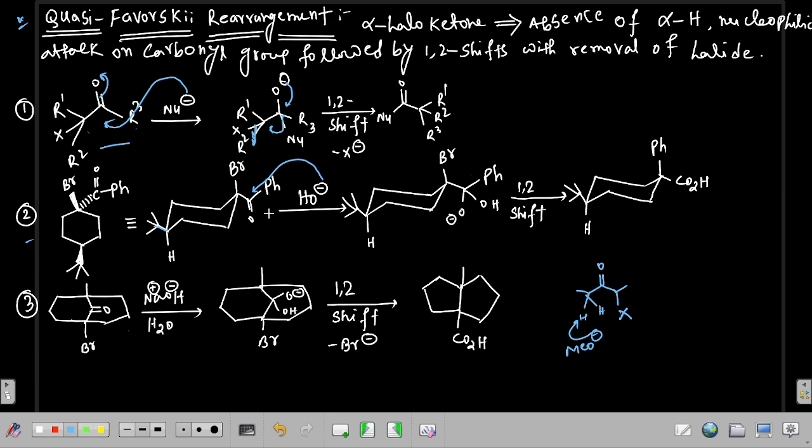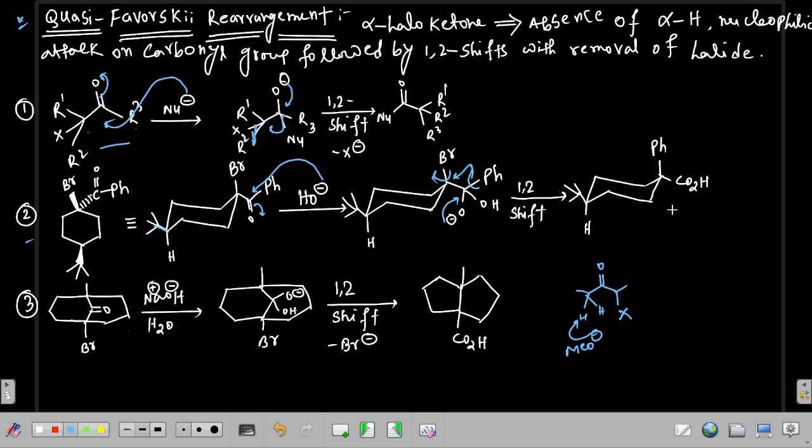This hydroxide will attack the carbonyl, and it leads to the formation of this tetrahedral intermediate. After this, the minus will come again from oxygen to this carbon, and there will be a breaking of this phenyl, and this phenyl will shift from this carbon to this carbon, that is a 1,2 shift, and this bromide will eliminate.